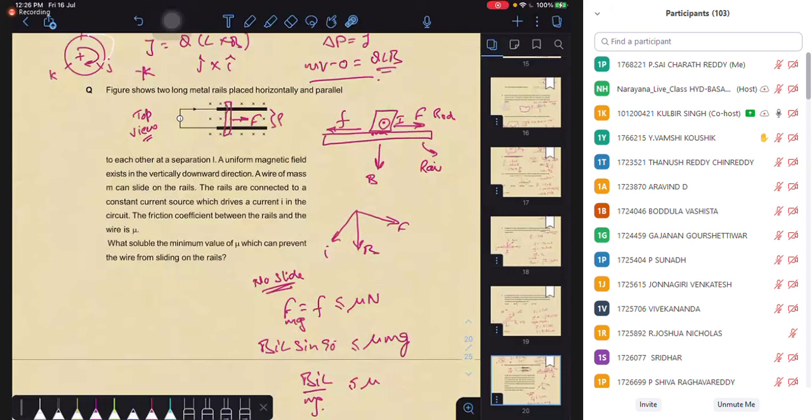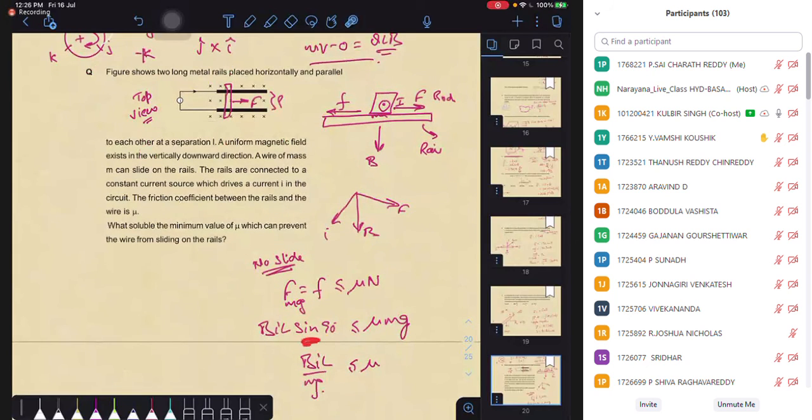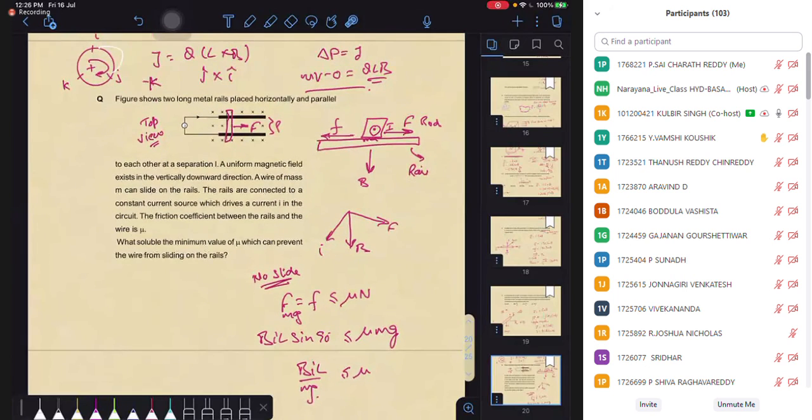Why 90 degrees? Current and magnetic field are perpendicular. From the top view you can see current and magnetic field are perpendicular, and from the side view also they are perpendicular. So it is 90 degrees. That should be less than mu N. I hope it is okay. Clear?